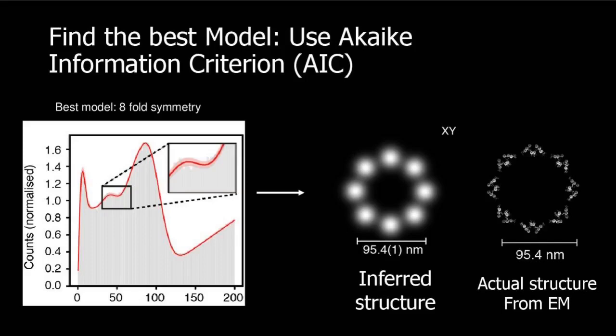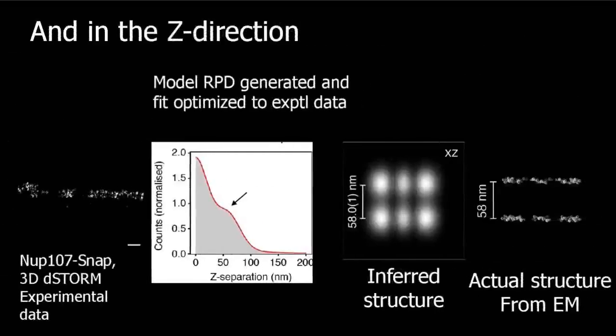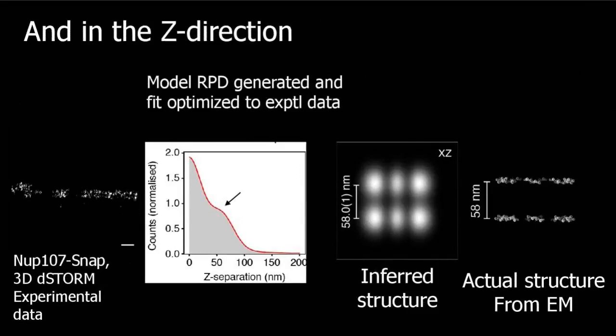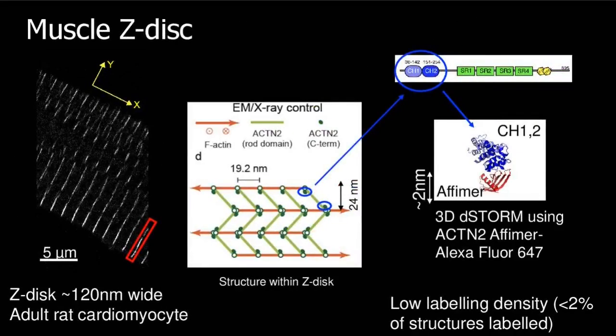They're slightly out of alignment, if you like. But if we restrict that plot in the Z direction and repeat our analysis, we actually get a much greater Akaike confidence for the 8-fold symmetry. So we can go back and reanalyze the data, and once we know more about its structure, we can refine the model and go back and plot our data in a different way and become more confident about it.